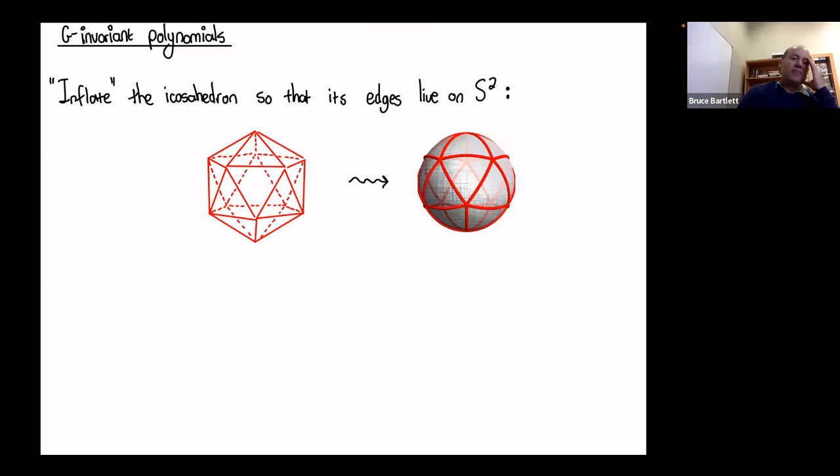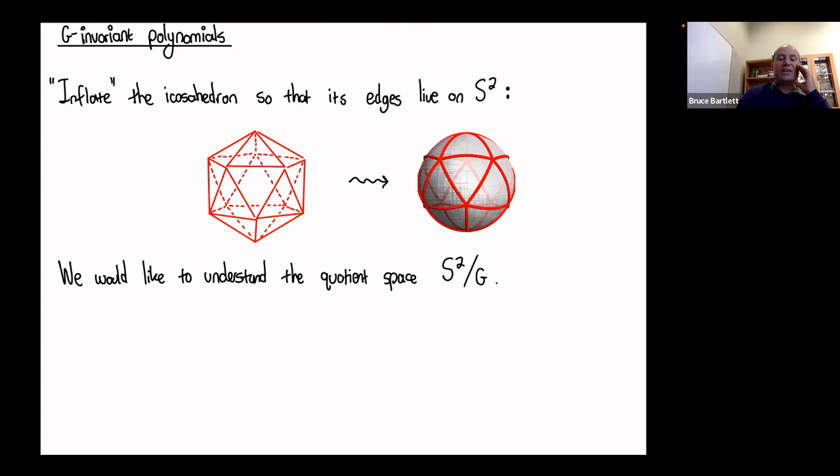Okay, so to understand this, I need to talk about G-invariant polynomials. So inflate the icosahedron so that its edges live on the two-sphere. Call that the round icosahedron. We'd like to understand the quotient space S2 quotiented out by this G action. To do that, we're going to need to find G-invariant functions on S2.